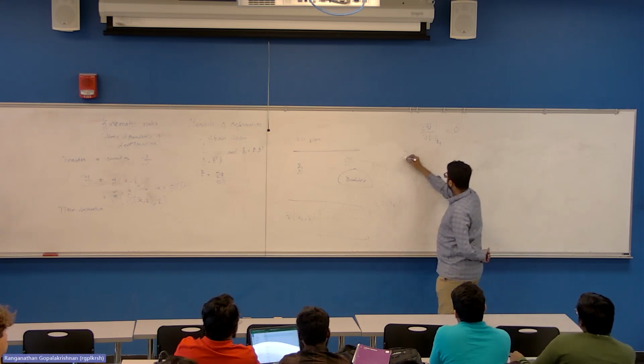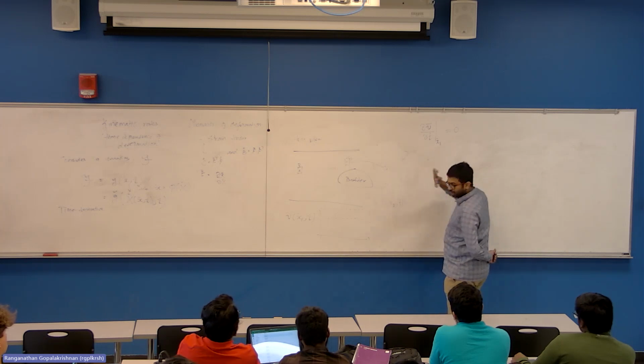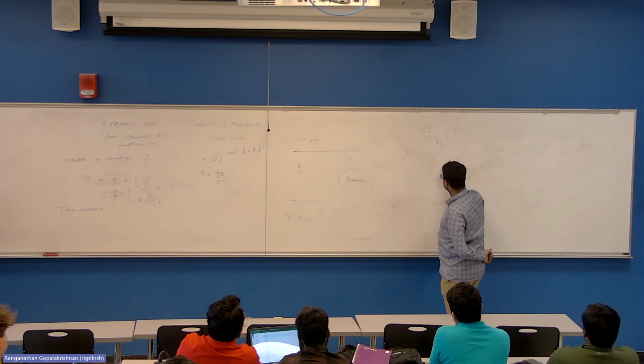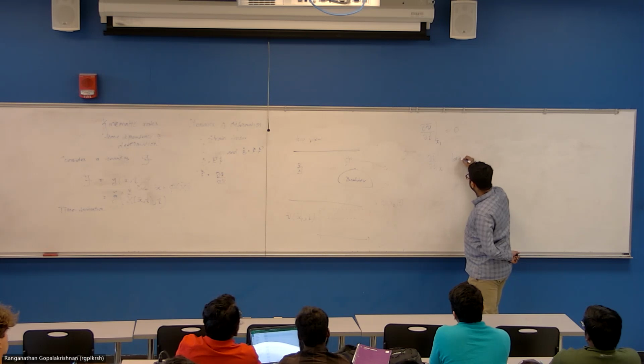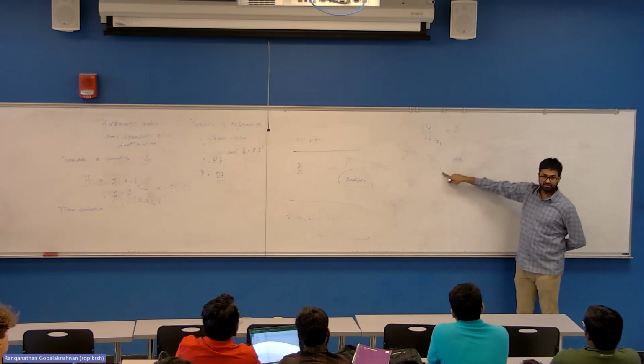This quantity, partial V over partial T at a given spatial point, would be termed local. Why local? It is local to this point.